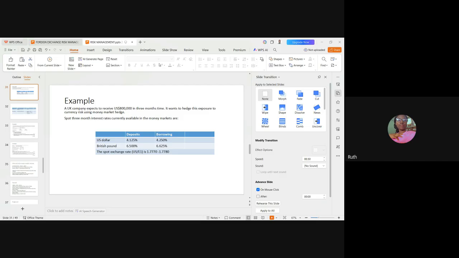Our rate is on the deposit side. So the deposit of the home currency is 6.500%. We're going to prorate it to 3/12 and then add this plus 1 and multiply it by the amount now. And we get our amount in 3 months' time in sterling, which is 452,448. That's the final answer.